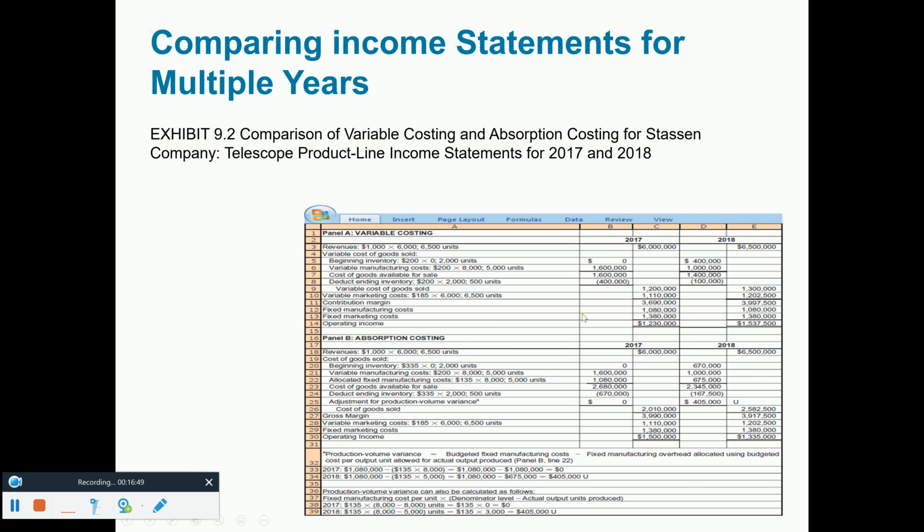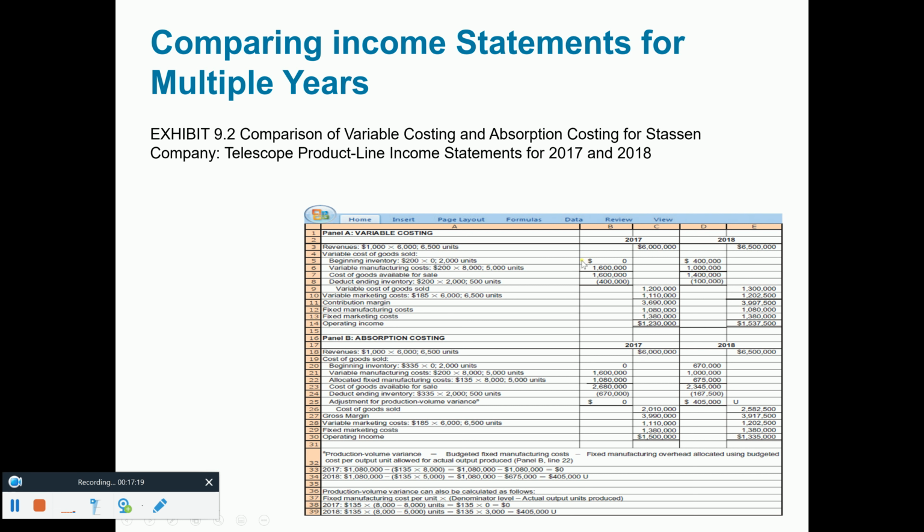Remember, we ended up with ending inventory of 2,000 units in 2017, and they were $200 each. So the ending inventory of 2,000 units for 2017 times $200 is $400,000. Guess what? That's the beginning inventory for 2018. So you see the 400,000, you can see I'm circling my cursor, is the beginning inventory.